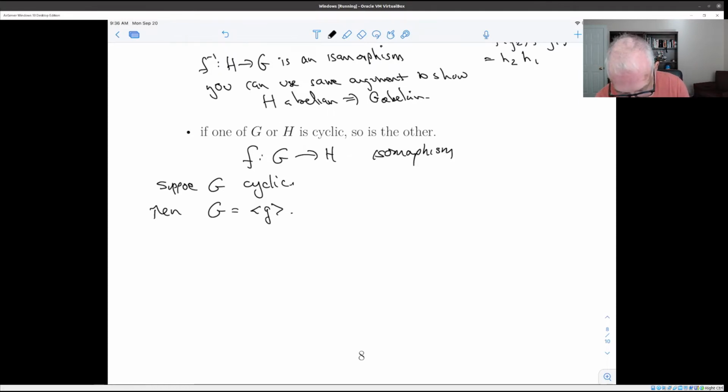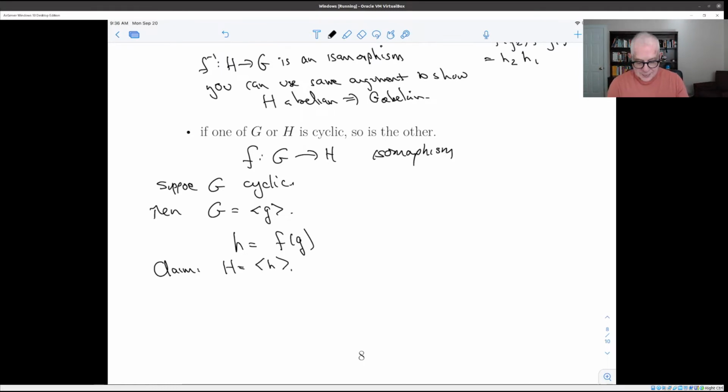So let's let little h be F of g. And I claim that H is generated by little h.